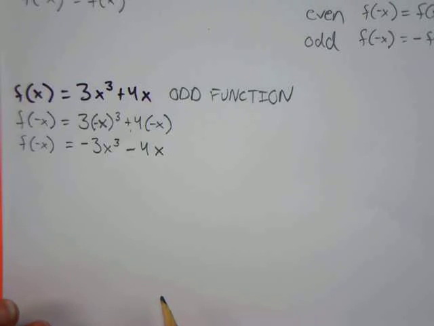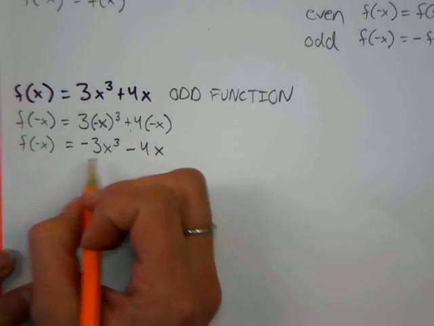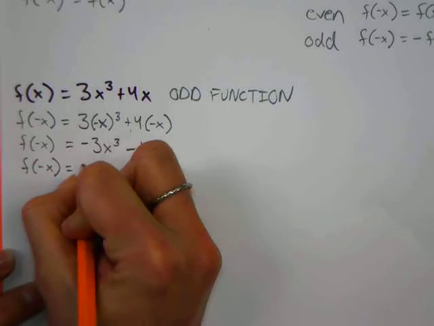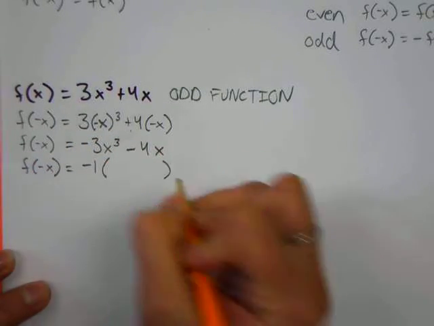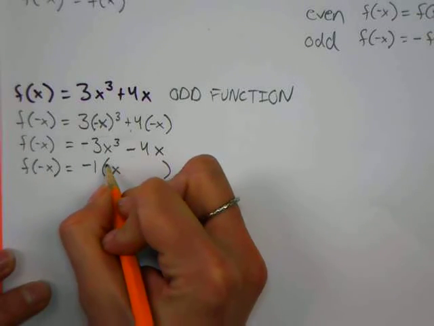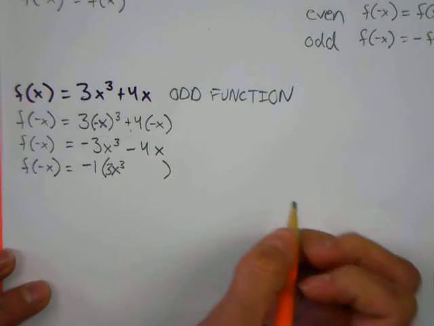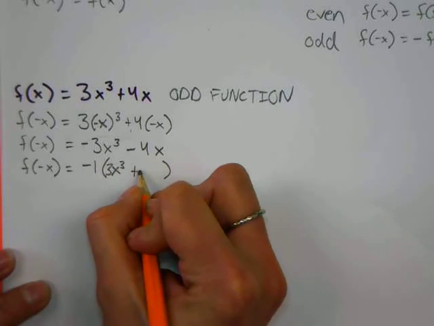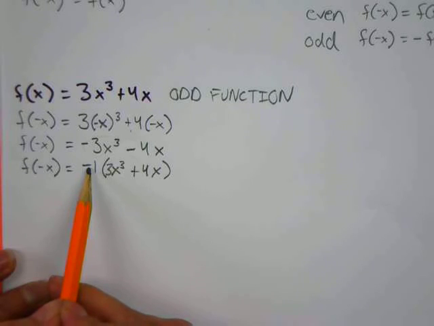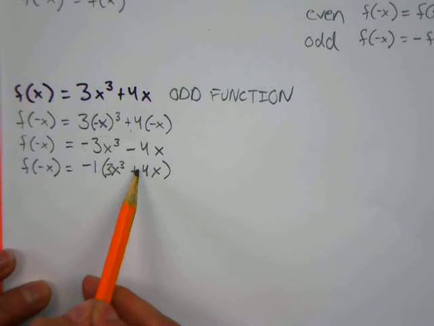If I want to show this by factoring, doing the opposite of the distributive property, I could pull out a factor of -1 from my expression. The first term would leave behind 3x cubed, and this would leave behind a positive 4x. And let's check if I redistribute that, -3x cubed minus 4x.